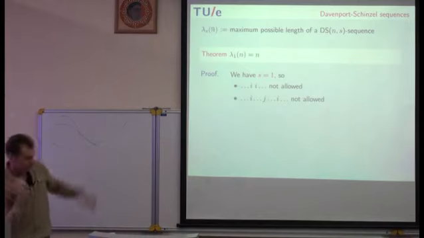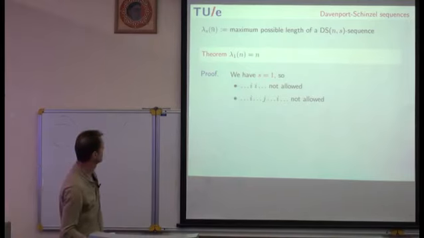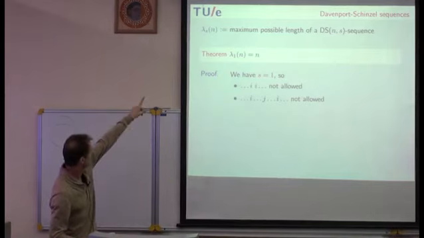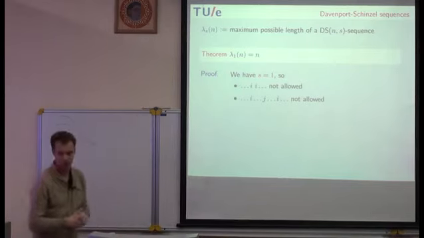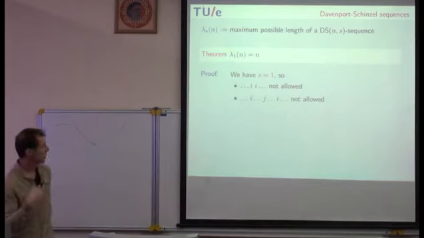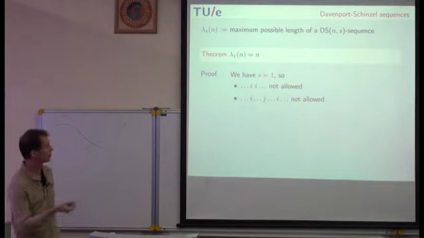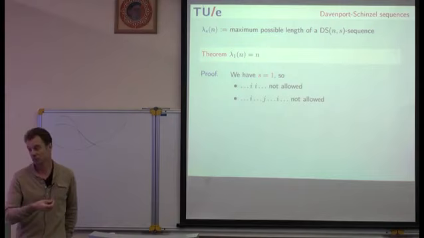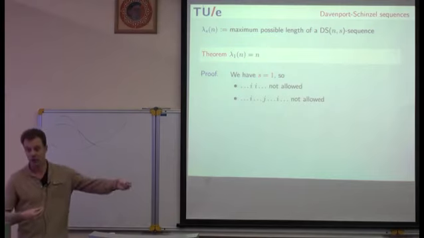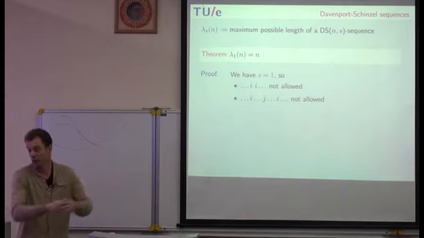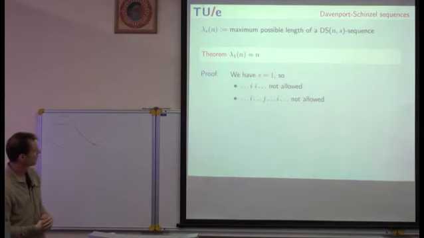The notation that is typically used is lambda s of n. That's the maximum possible length of such a sequence. So that's going to be a function of n and s. For different values of s, the higher s, probably the longer you can make the sequence, because you're allowed longer alternations.